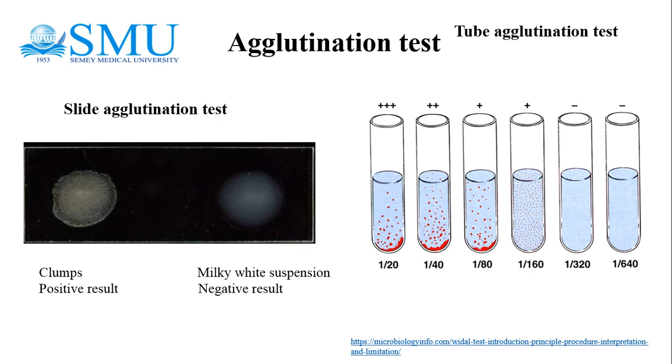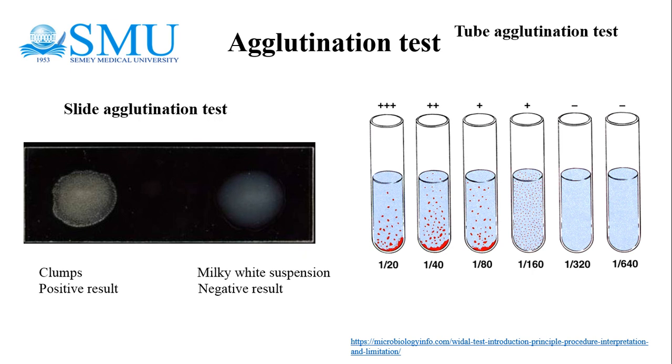And next is tube agglutination. This is a quantitative test done for estimating antibody in serum. The antibody titer can be estimated as the highest dilution of the serum which produces a visible agglutination.